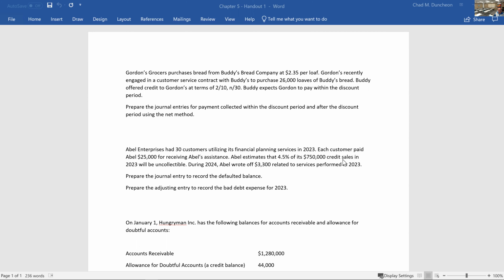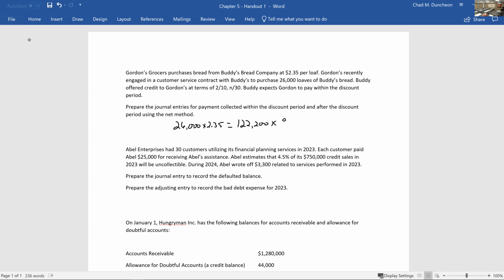And the first thing is we need to calculate how much we are actually going to initially record this as. Using the net method, we're going to record it as what we actually expect them to pay. So we expect 26,000 loaves times $2.35, 122,200.